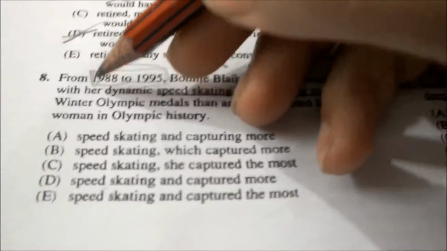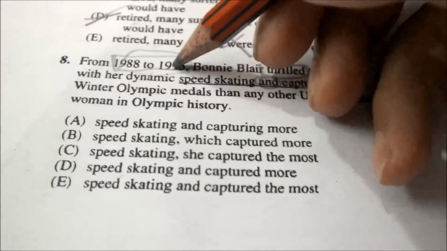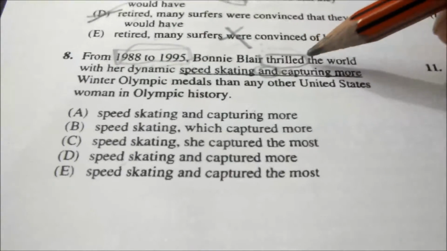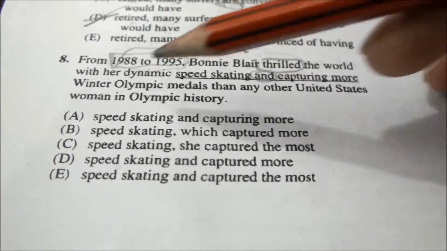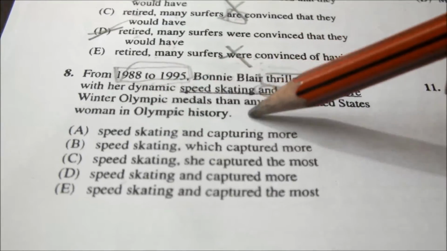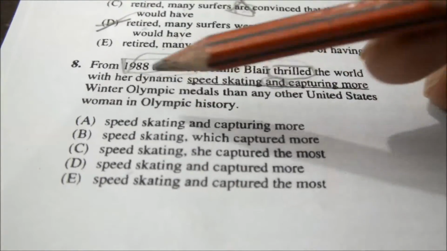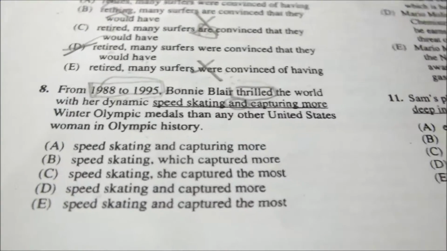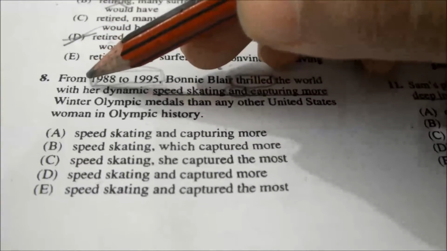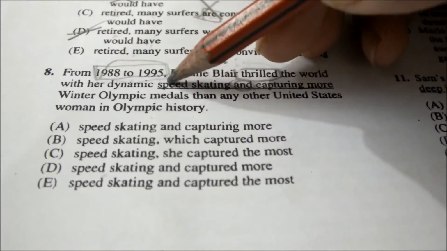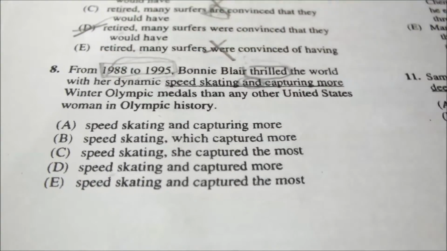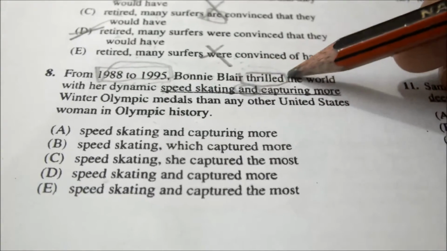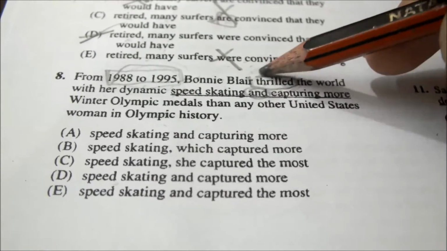Okay, question number 8. "From 1988 to 1995, Bonnie Blair thrilled the world with her dynamic speed skating and capturing more Winter Olympic medals than any other United States woman in Olympic history." See, we're talking about 1988 to 1995. This is a time period in the past, and that's why "thrilled" in the past indefinite tense has been used.